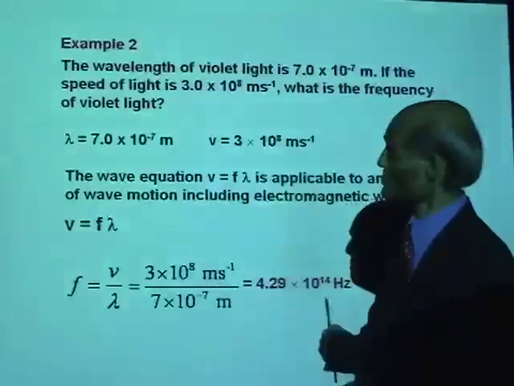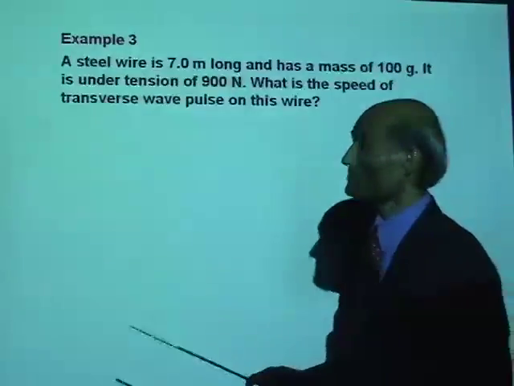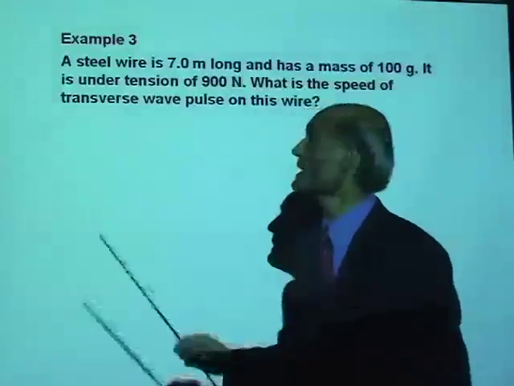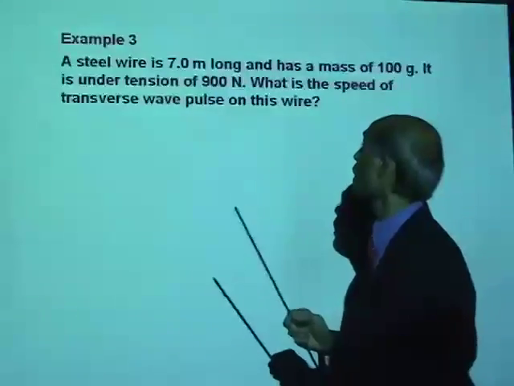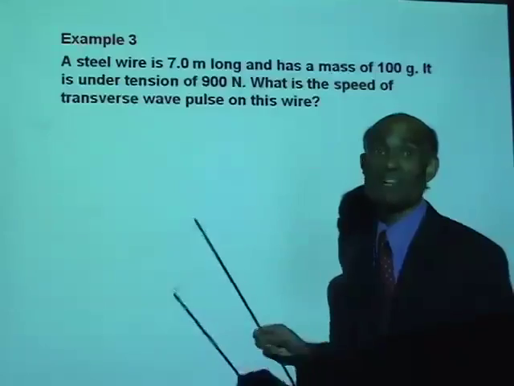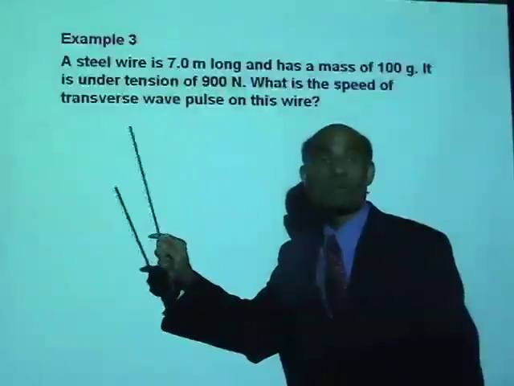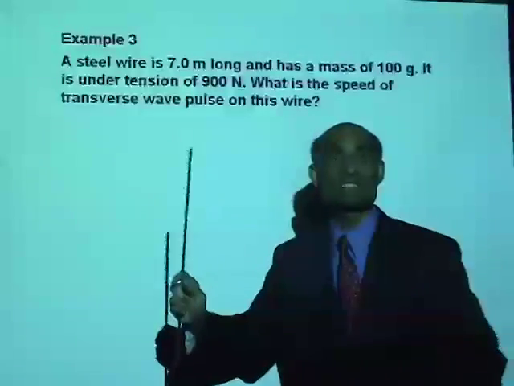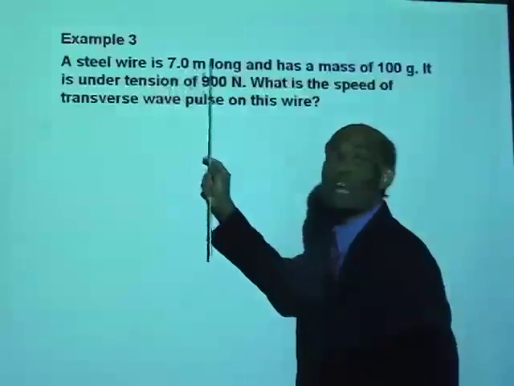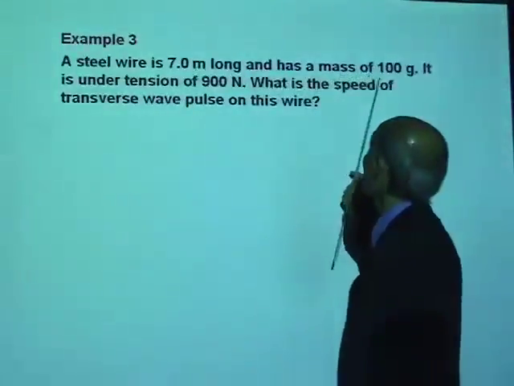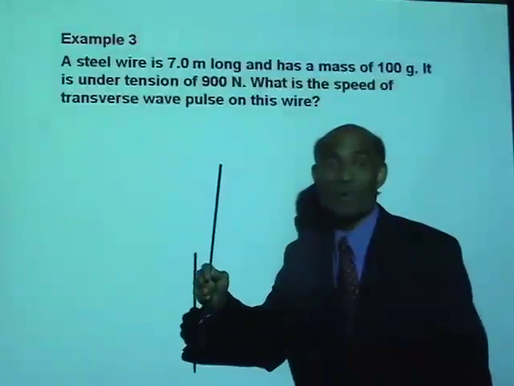Okay, let's do another one. A steel wire is 7 meter long and has a mass of 100 grams. Now watch the information given here in the first sentence. I have given you the length of the wire. I have given you the mass of the wire.